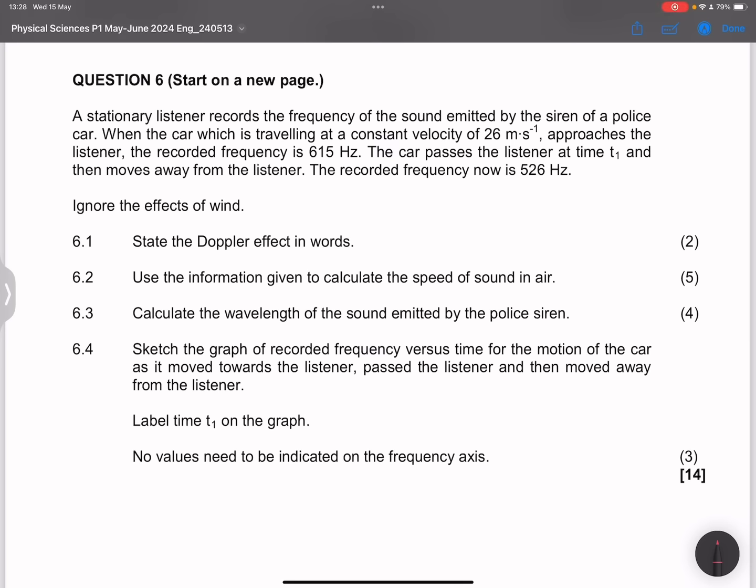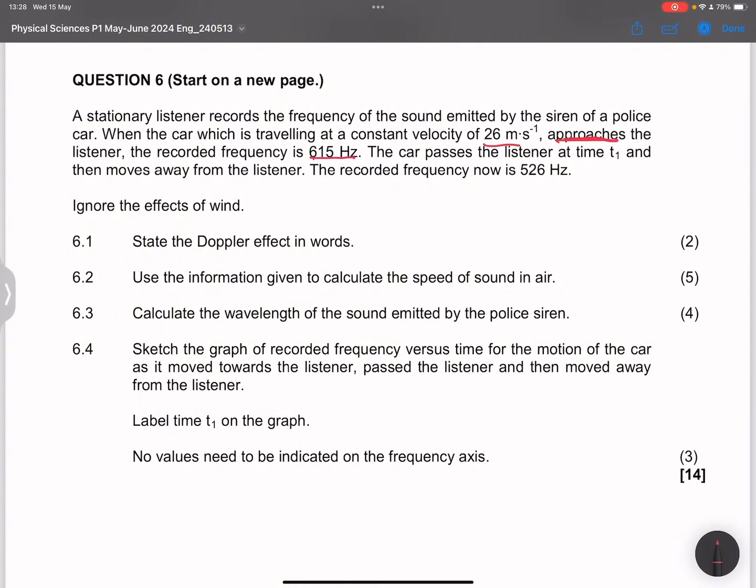And now on to question 6. They say we've got a stationary listener that records the frequency of a sound emitted by the siren of a police car when the car, which is traveling at a constant velocity of 26 meters per second, very important, approaches the listener, so it's moving towards the listener. The recorded frequency is 615.